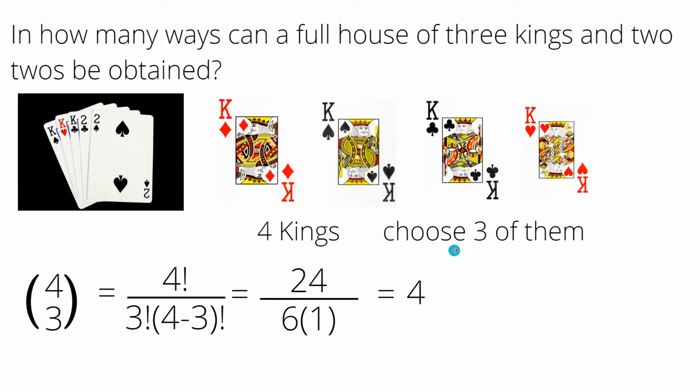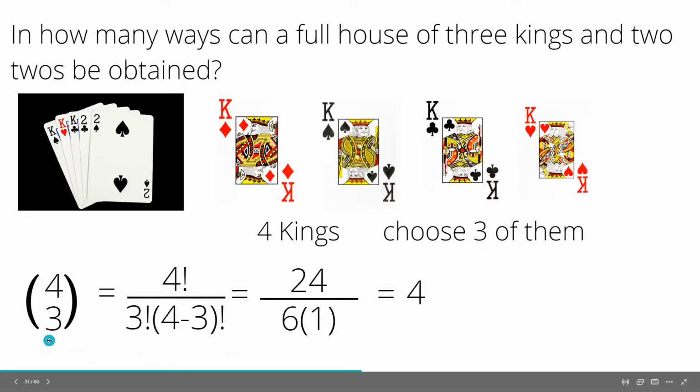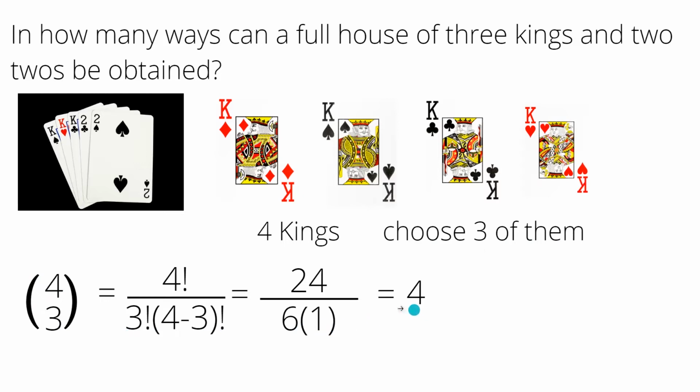It does not matter the order in which you choose them, so we're going to use the combination formula. When you plug in 4 kings, choosing 3 of them, and figure that out, there are actually 4 different ways to do it. Keep that in the back of your mind, because that's just the 3 kings part.